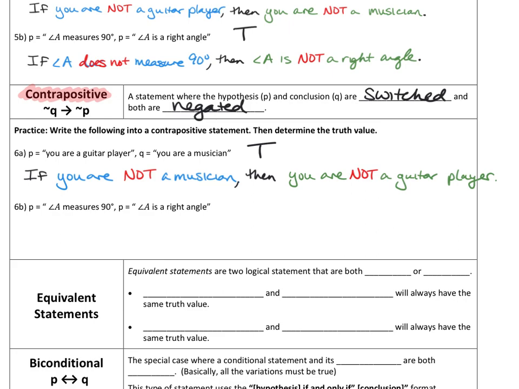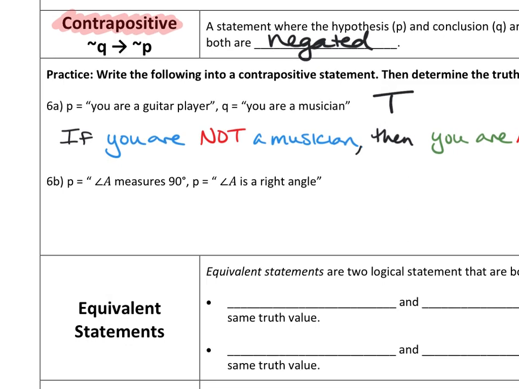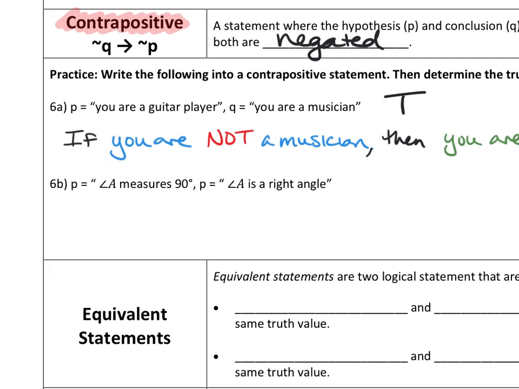(6b) says if an angle measures 90, or wait, I was just reading the whole thing. If P is angle A is a right angle, the contrapositive is if angle A is what? There it is, not. Remember, we're doing contrapositive.